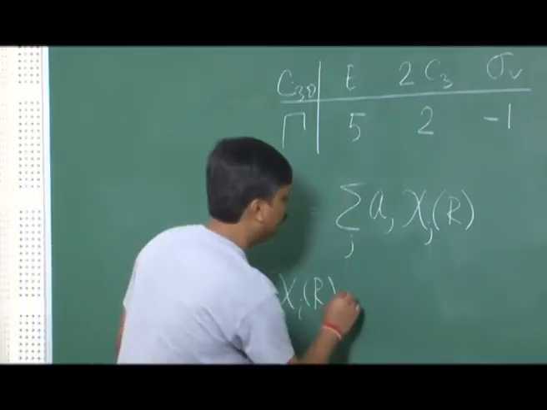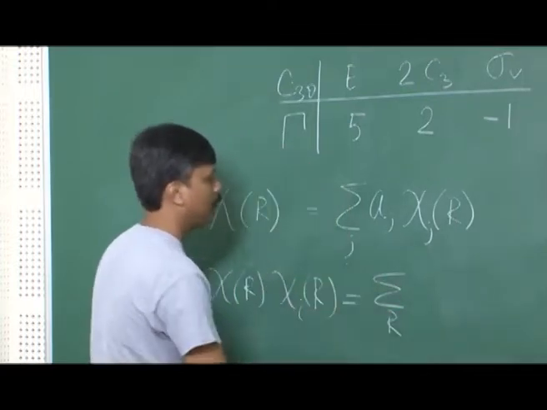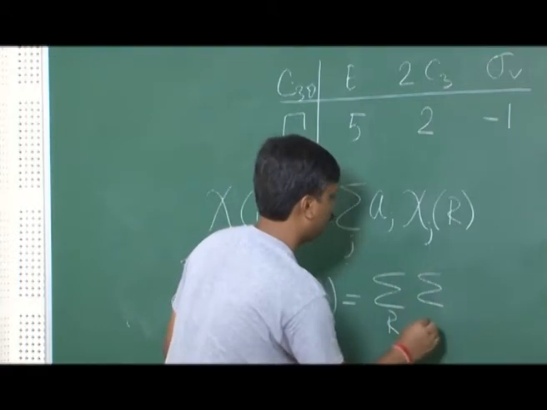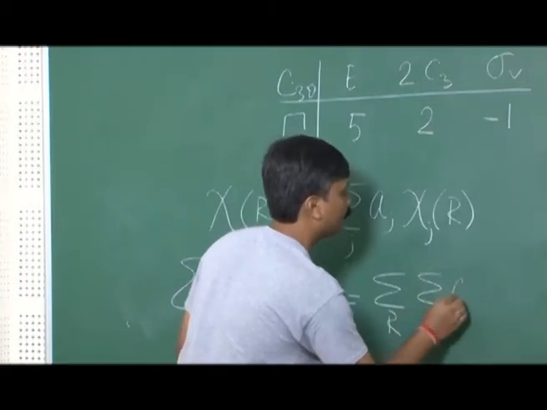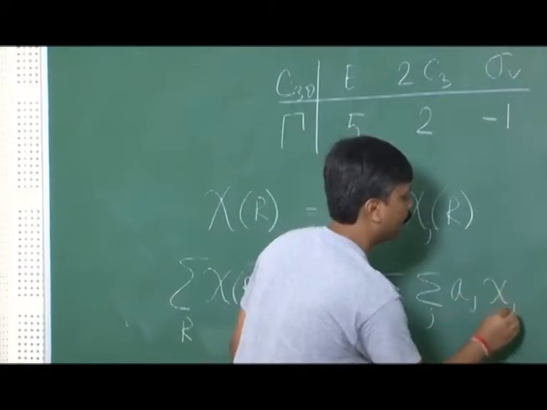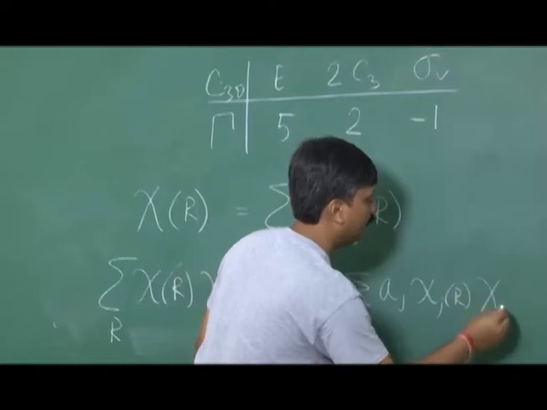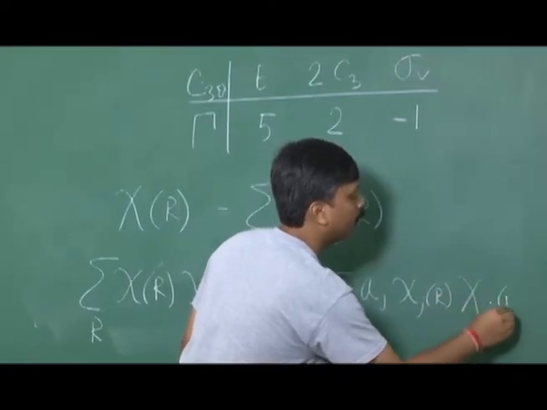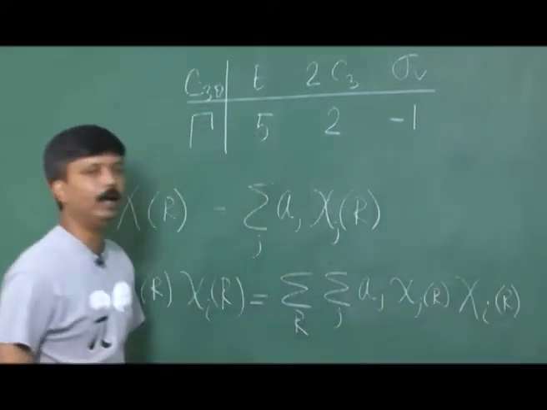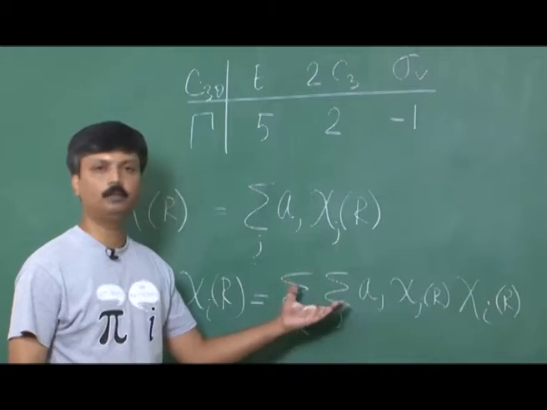So I can do that same thing here also. So I can sum it over R multiplied by chi of R for ith irreducible representation.